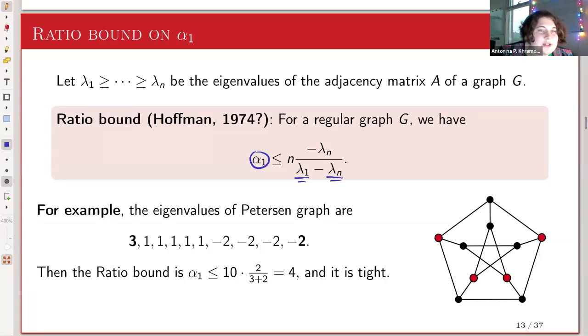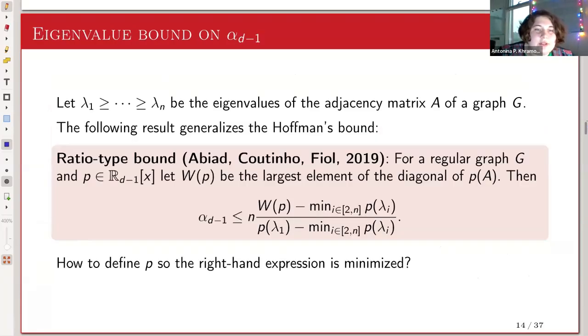This bound actually has a generalization to alpha d minus 1 for any choice of d. It looks maybe a bit confusing at first, but the main point is it also uses the largest eigenvalue and in a way the smallest eigenvalue, but with respect to some polynomial p, which is a polynomial with real coefficients of degree d minus 1. And w_p is the largest element of the diagonal of p of A, which is a Jacobi matrix.